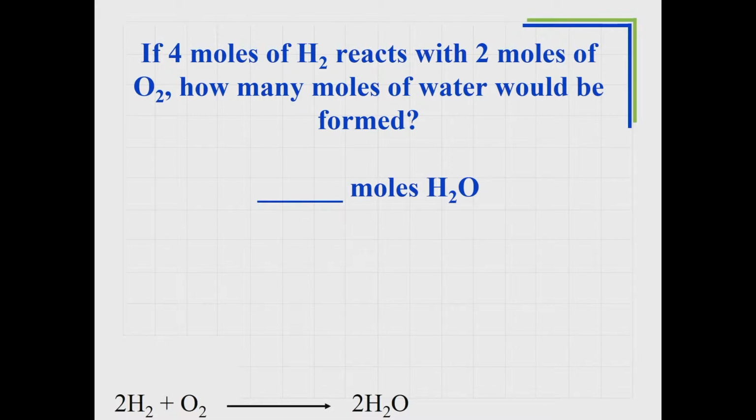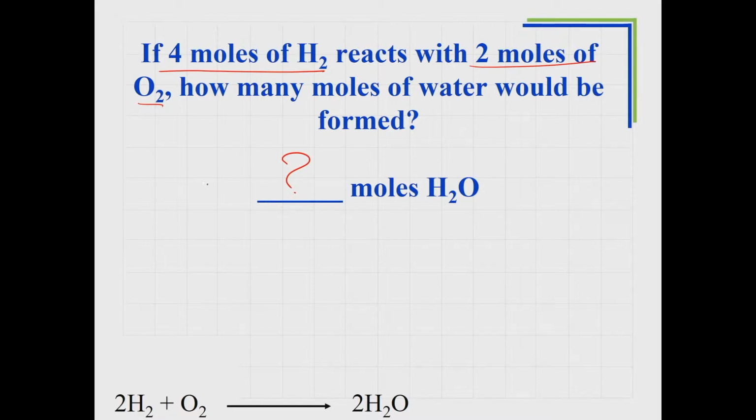So instead of 2 moles reacting with 1 mole to produce 2 moles, I want you to up the scale. And we have 4 moles of hydrogen reacting with 2 moles of oxygen. If you were to do that, I want to know how many moles of water would form. Now you're just letting your logic work for you here. I think you can do that just fine and come up with an answer.